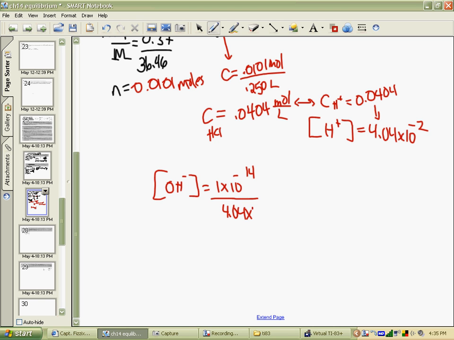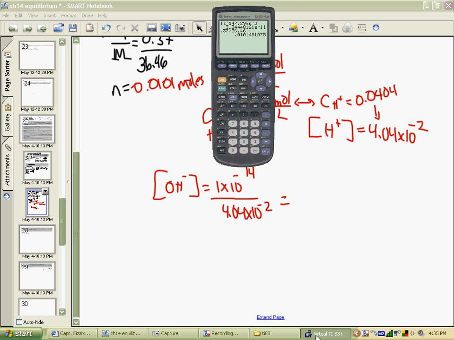We'll jump back to our calculator, take our answer from before, multiply by 4. We will take 1 times 10 to the minus 14, divide by that answer.